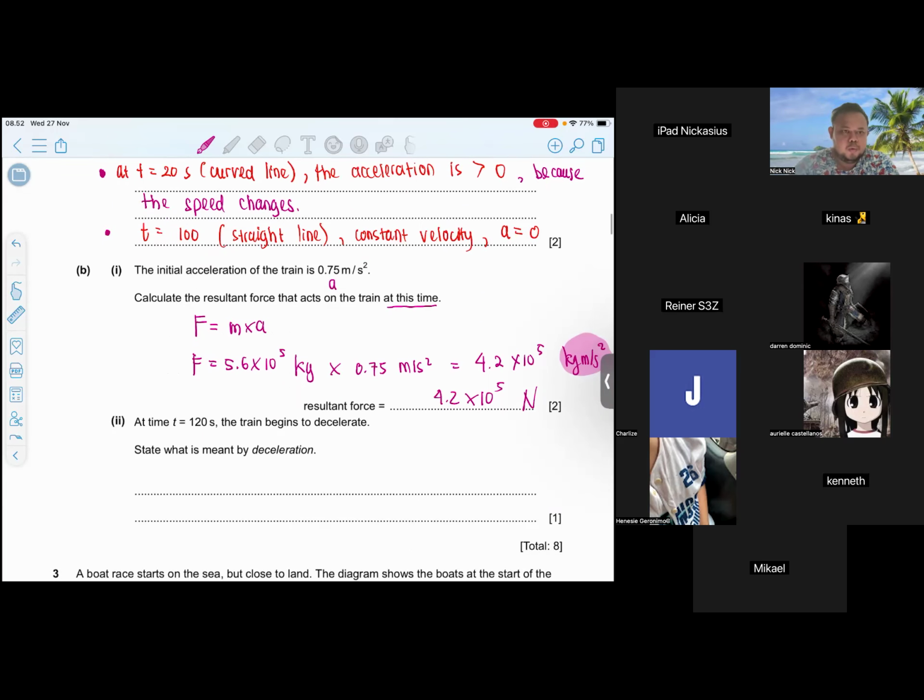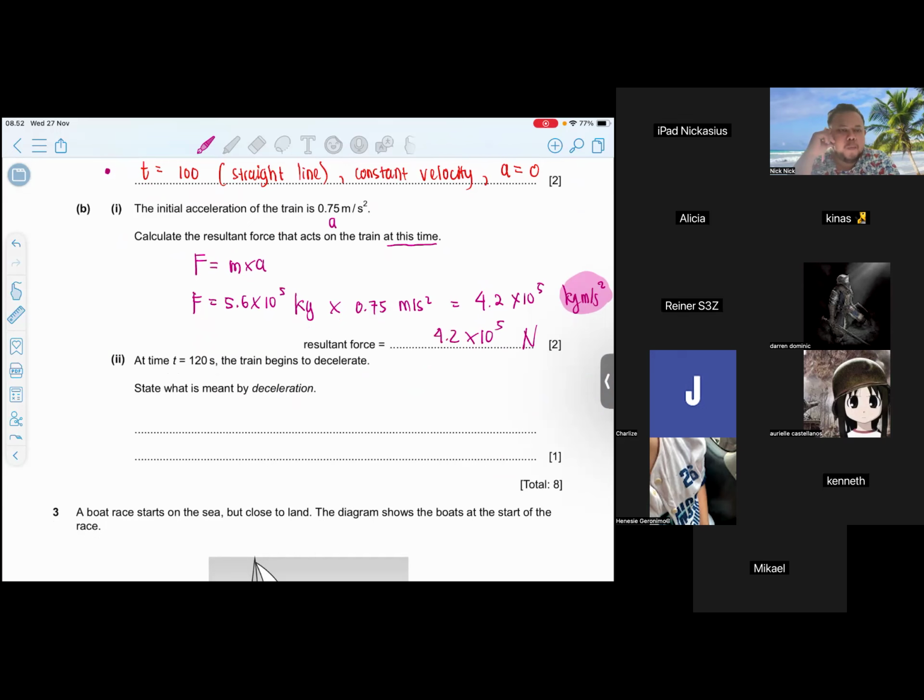B2. At the time 120 seconds, the train begins to decelerate. Decelerate means slowing down or getting faster? Slowing down, right? What is meant by deceleration?